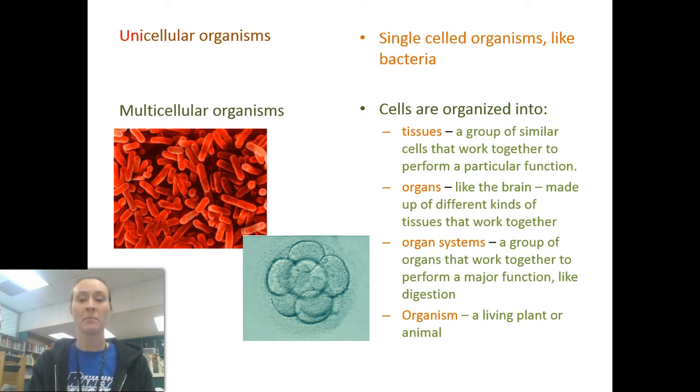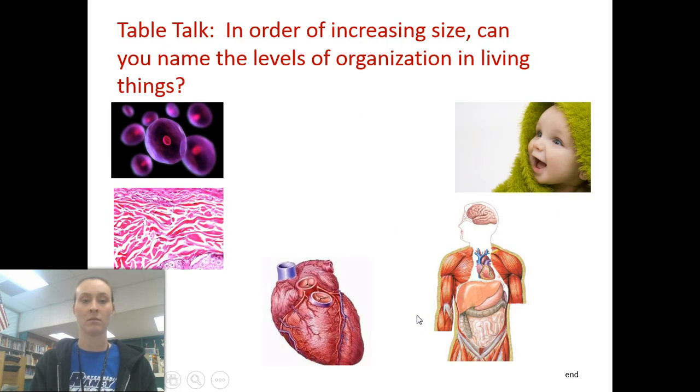Organs, such as the brain, are made up of different kinds of tissues that work together. Organ systems are a group of organs that work together to perform a major function like digestion. And an organism is a living plant or animal. So from smallest to largest, we have cells, tissues, organs, organ systems, and organisms.